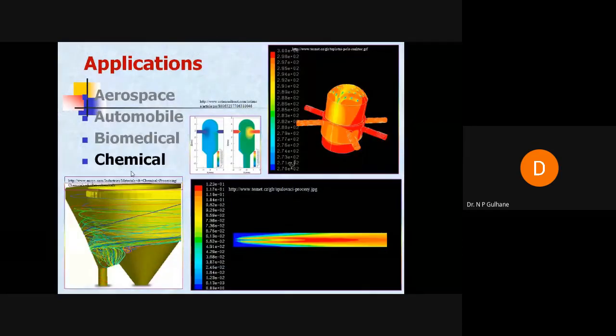Then coming to chemical engineering applications, these are the reactors and vessels wherein different types of chemical reactions take place. What internal heat generation takes place inside these reactors or chemical vessels? When you write the heat balance equation for such vessels and reactors, you should know what the heat generation is, what heat is incoming, and what heat is outgoing.